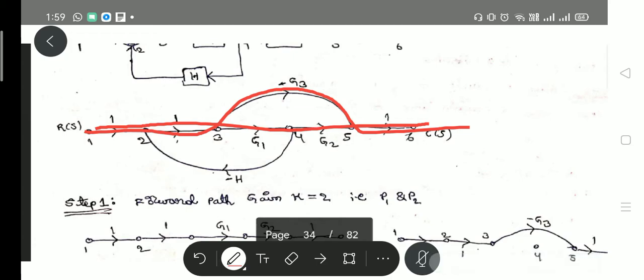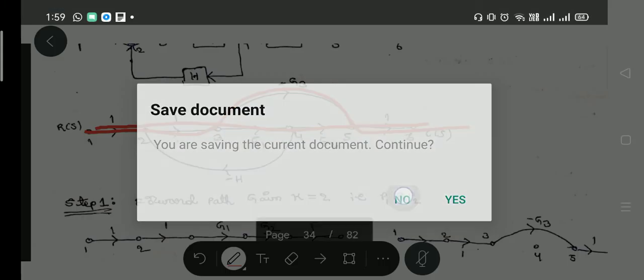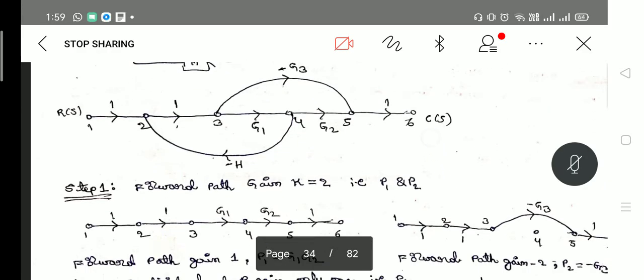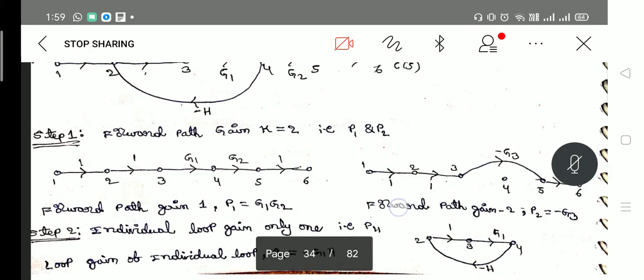So we can draw those two forward paths separately. Okay. First I am taking 1 to 6, one forward path. Next I am taking 1, 2, 3, 5, 6, another one. I can draw them separately here, right?